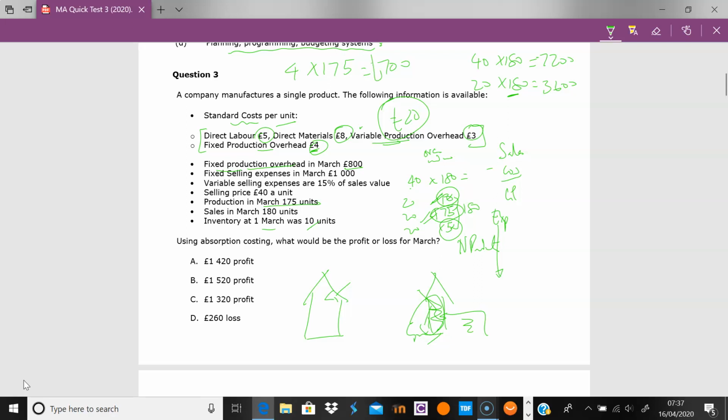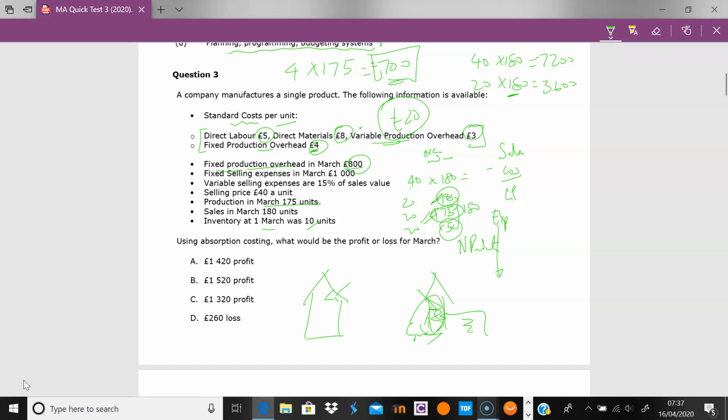So I've put through so far 700, but they're telling me the actual cost is 800. So right now I have under absorbed. Because I've put this in, I have under absorbed. I need to put in an extra 100, put a journal through. I think my previous quick quiz 2 had a question of under absorption and over absorption.